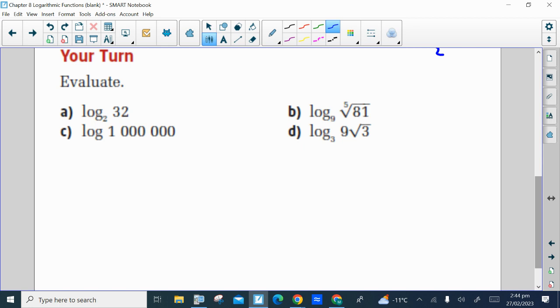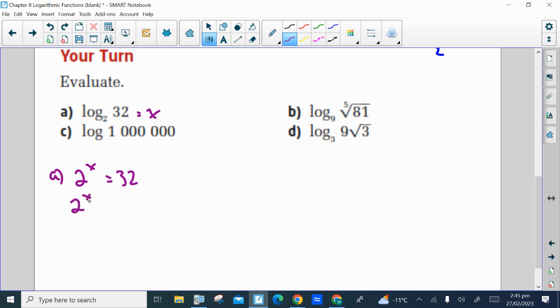So down below, we want to evaluate these. So again, you can start by letting that equal x. So for question A, when we write that as an exponential function, it'll be 2 to the power x equals 32. Start with the base and cycle through. Remember, the bases are the same, whether it's in logarithmic form or exponential form. So the log has a base of 2. The exponential function will also have a base of 2.